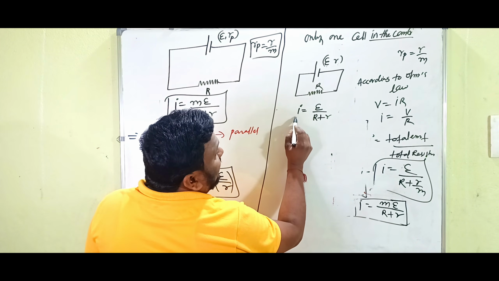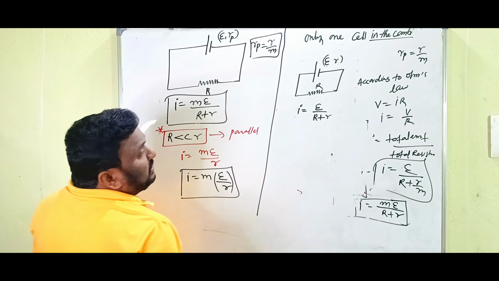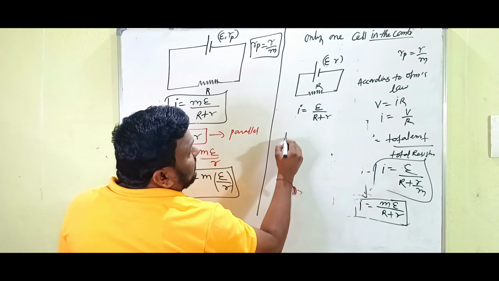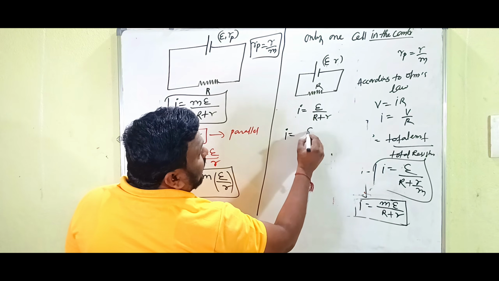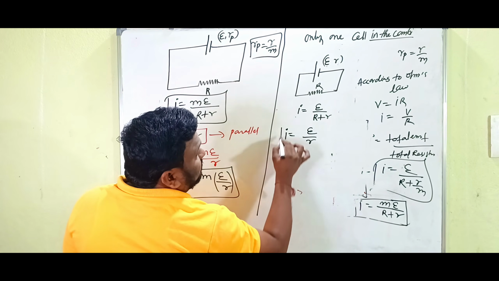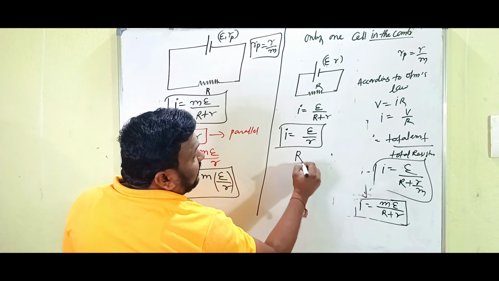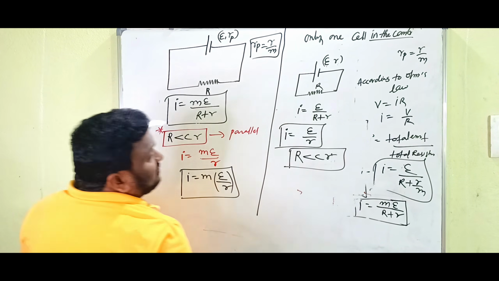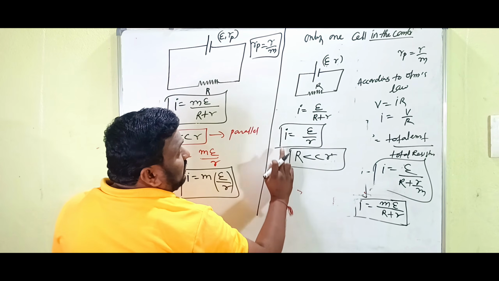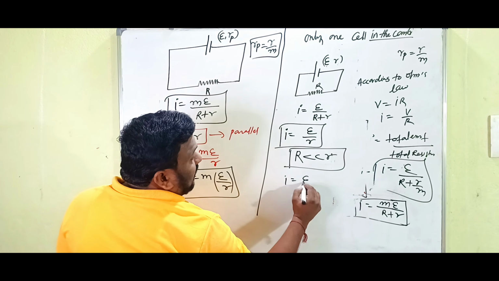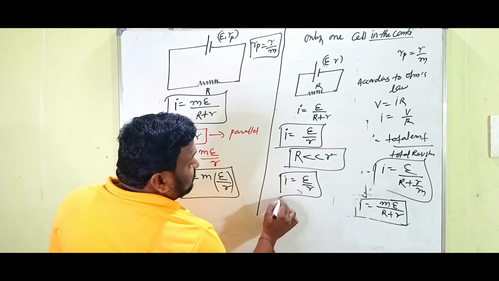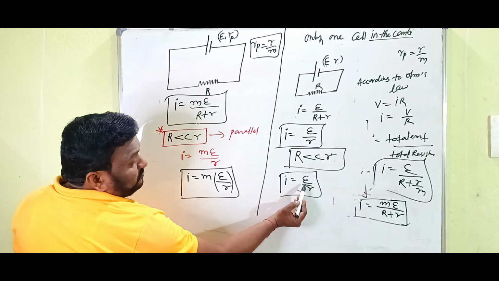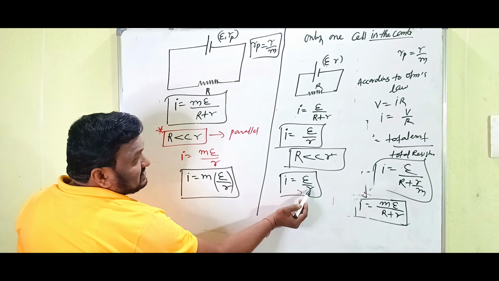Then I is equal to epsilon by R plus r. Obviously, I is equal to epsilon by r we can write, because R is much less than small r. So I is equal to epsilon by r. This is the amount of current in a single cell.